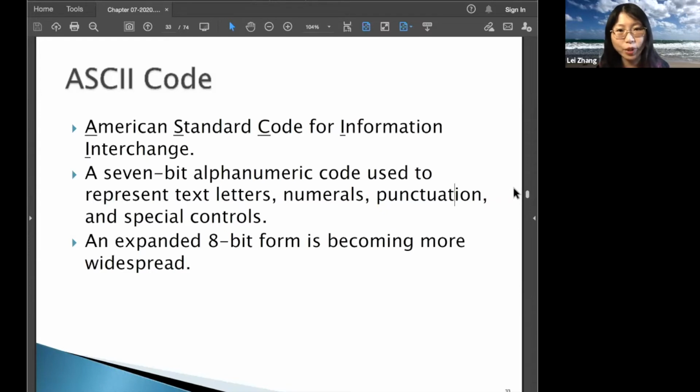Previously we only had 7-bit, so that's 128 different combinations, and we use it to represent letters, numbers, and special symbols. Now it gets extended to 8-bit, so we can represent more special symbols or characters. So that's the ASCII code.